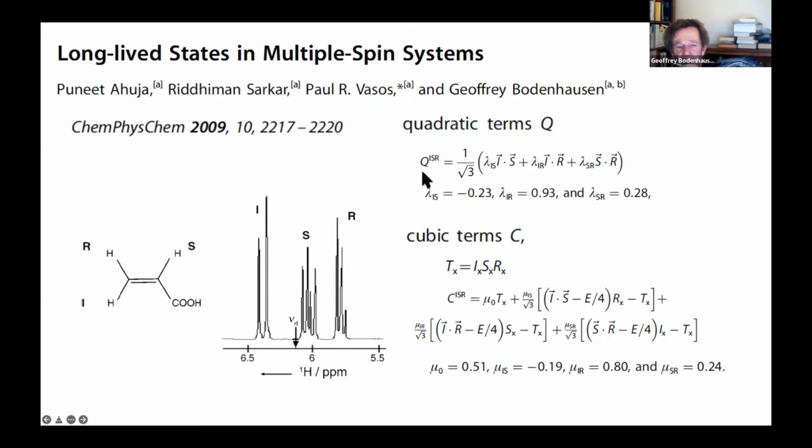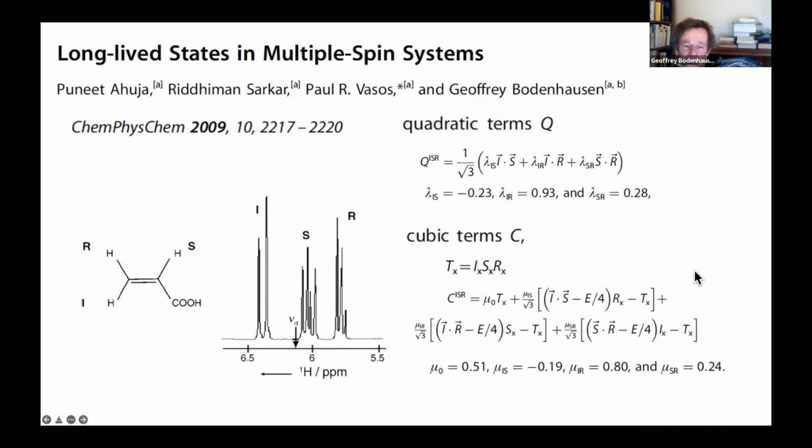So we call this a quadratic term because all three constituents are bilinear operators, but the coefficients are non-trivial, as you can see. Then we also thought, hey, there might be a cubic term, and the initial intuition was it might be a tertiary term or a cubic, whatever, a product Ix, Sx, Rx.